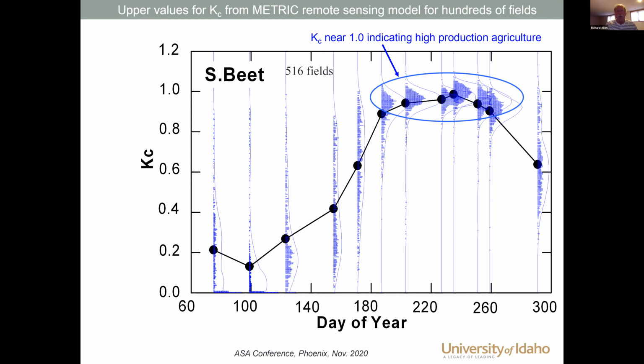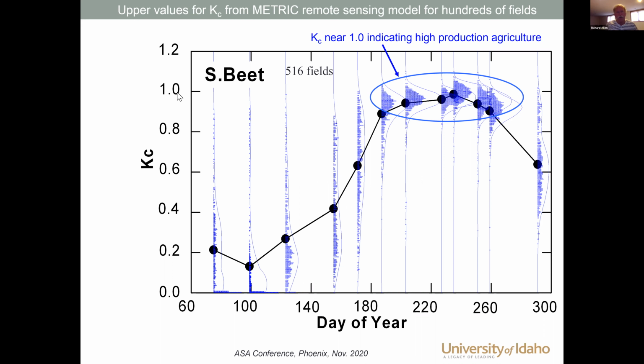And when we get to the center of the growing season, for example, with these sugar beets, what we see is that nearly every field, and in southern Idaho, fields are pretty well managed and watered, so they're all approaching well-watered ET. We see that nearly every field has a similar evapotranspiration value.